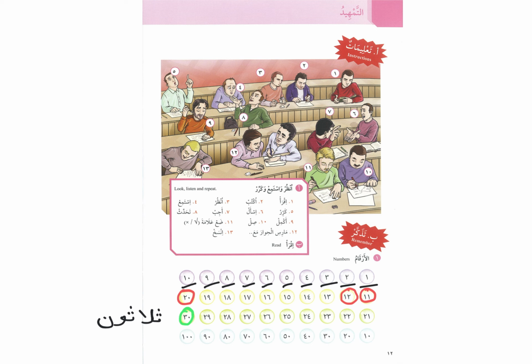And the number 40 will be أربعون. Okay, and so on. خمسون will be خمسون.